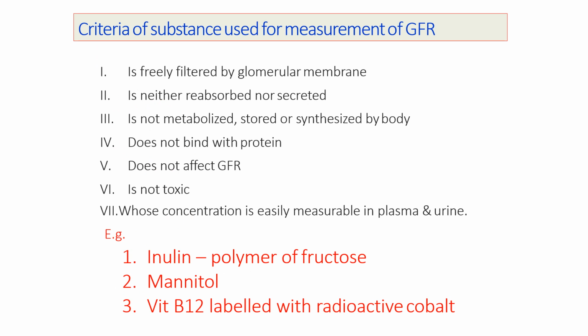The criteria for the substance are that it should be freely filtered by the glomerular membrane, neither reabsorbed nor secreted, not metabolized, stored or synthesized by the body, not bound to protein, not affecting GFR, not toxic, and with concentration easily measurable in plasma and urine. Examples are inulin, a polymer of fructose, mannitol, and vitamin B12 labeled with radioactive cobalt. These are the criteria of the substance used for measuring the GFR.